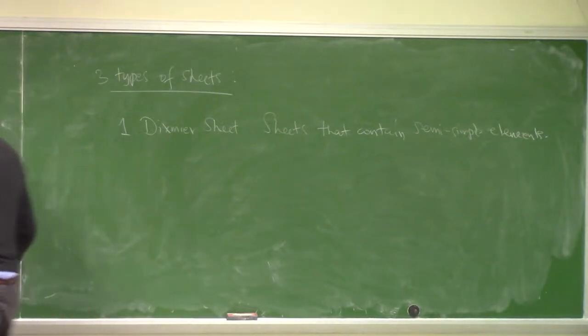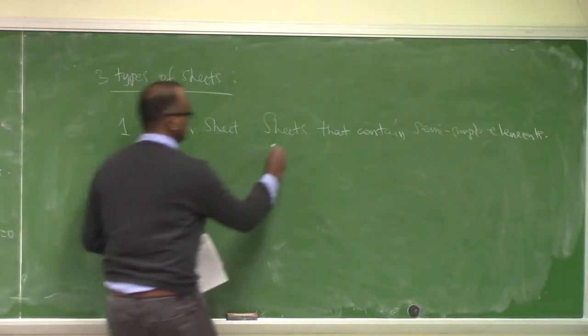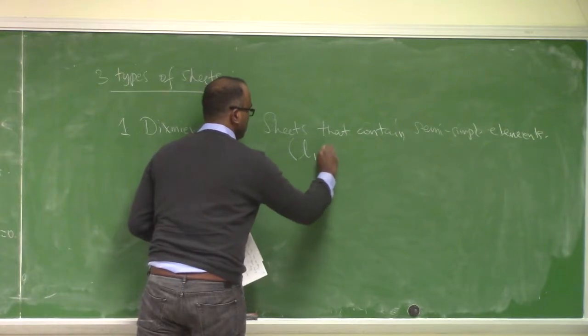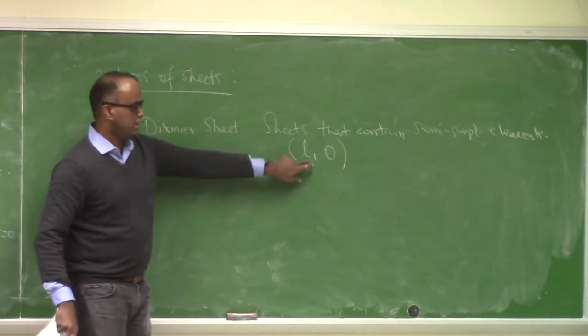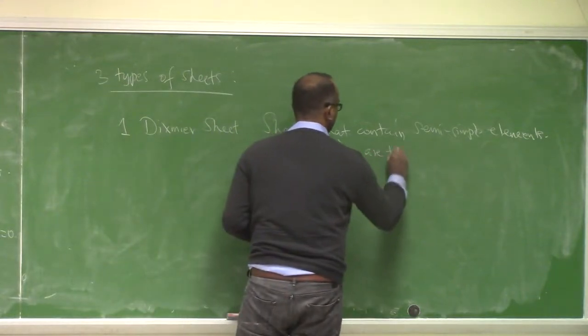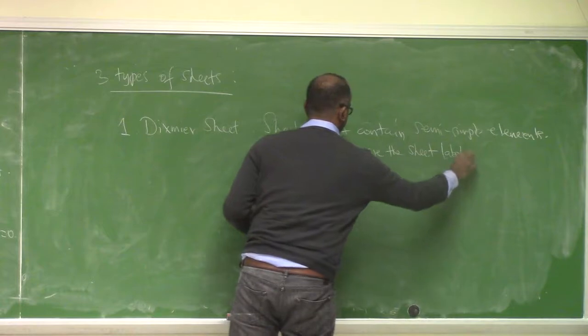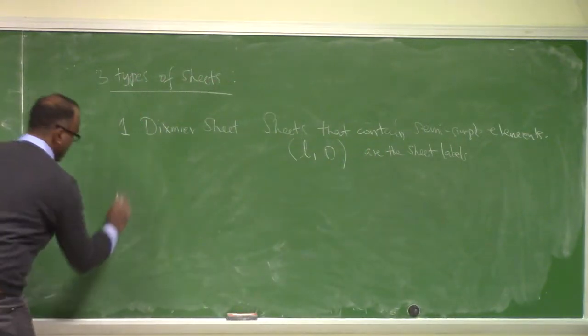So in other words, if I go to some general point on the sheet, take one of its elements and do Jordan decomposition, I get a Jordan decomposition where the nilpotent part is 0. So these would be the ones that have sheet labels of the form Levi, 0. Those are the sheet labels for decomposition class sheets.